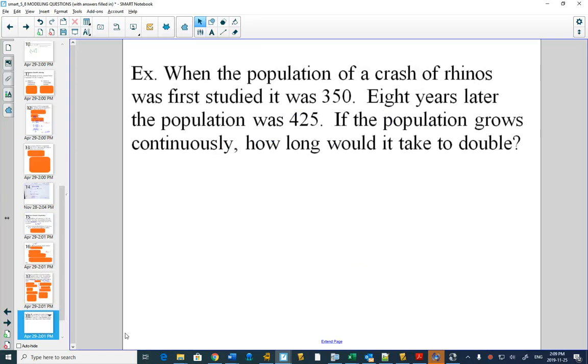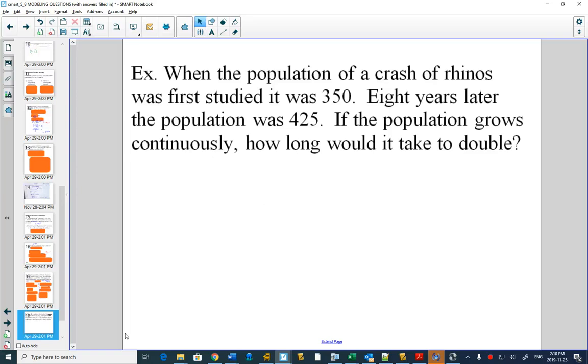This is one I'm going to get you to do on your own. A group of rhinos, perfect timing, is called a crash of rhinos. I don't know why. So while you're working on this one, I will find out some names for different animals. There's some really interesting ones.